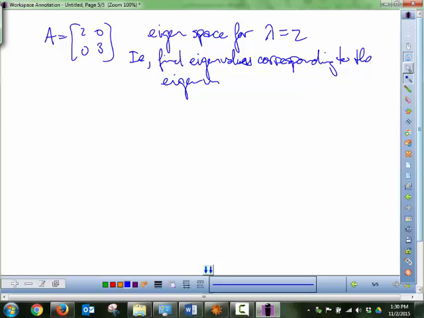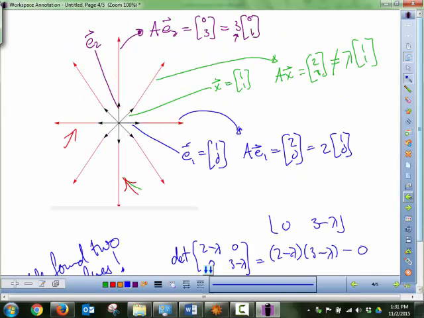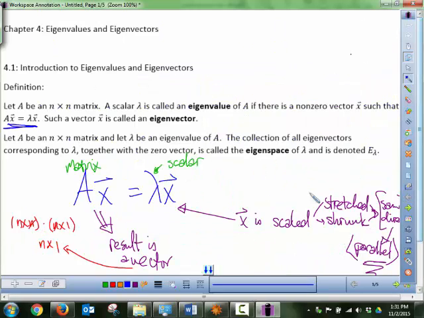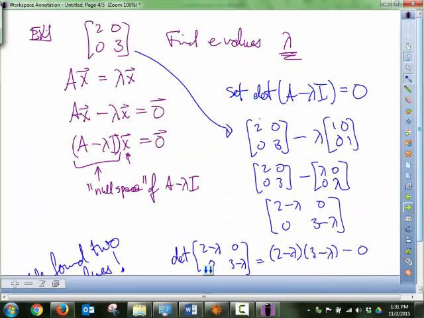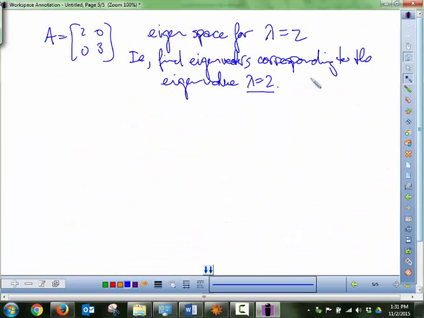I meant to put eigenvectors here. Find eigenvectors corresponding to the eigenvalue of 2. I think they call it E2. I forgot what the notation was. They call it E with the lambda as a subscript, so we'll call it E2. So the eigenspace will be considered E2.